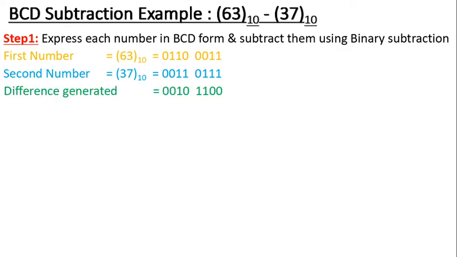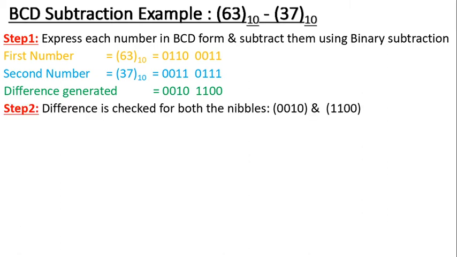So here, after performing that binary subtraction, as you are fully aware of binary subtraction rules, you can carry out that subtraction. Okay, here I have performed that binary subtraction and straightway that difference generated is expressed here. Okay, in the green color you will find that difference generated after subtraction, that is 00101100. Okay, so this is step number 1.